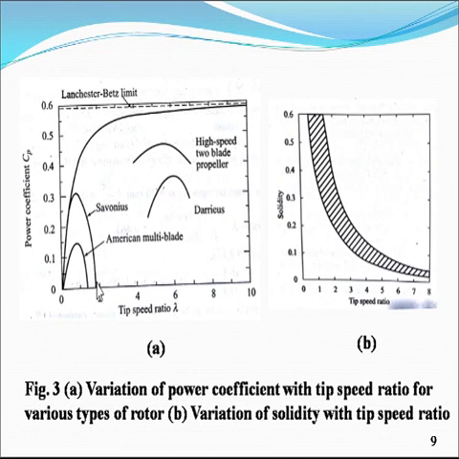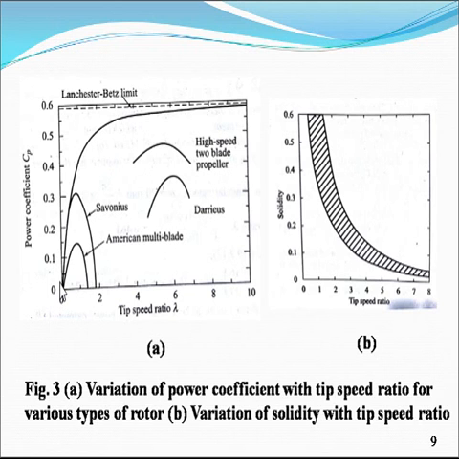Figure 3a shows the variation of wind energy conversion efficiency, that is the power coefficient, with tip speed ratio for various rotors. The dotted line shows the Betz limit.